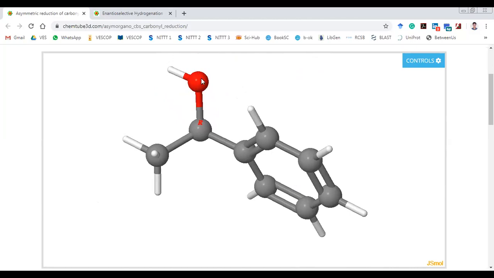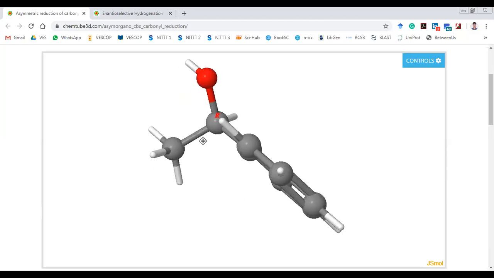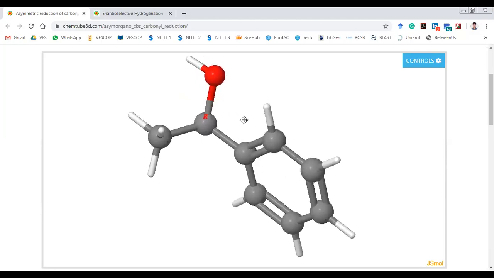You are giving this as your first rank order. This is second rank order because the carbon is attached to a doubly bonded carbon, so it is equivalent to binding to three carbon atoms, 1, 2, and 3 here. And this carbon atom is attached to three other hydrogens. So this will be rank 3 and the hydrogen is away from you.